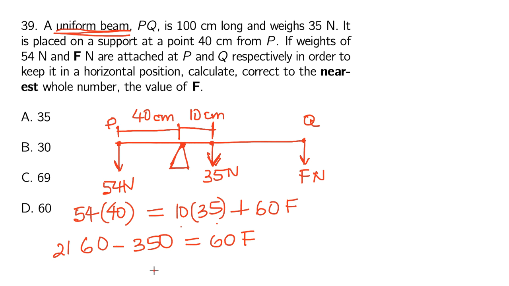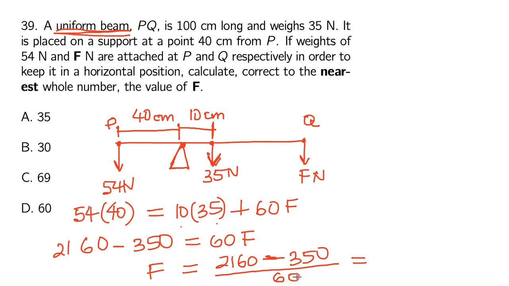So we now can find f. F equals 2160 minus 350, and then you divide the result. So let me write it: 2160 minus 350 over 60. Now what is this equal to? We can punch this into our calculator to get the result, but if you're feeling adventurous, we can do it by hand.